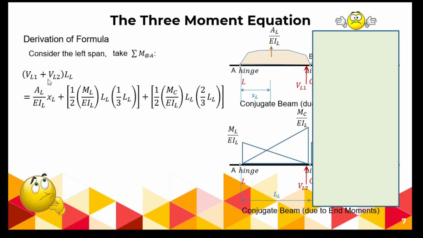The shear values times the length, shear values niya times the length is equal to the sum of all the area times the centroid of our figures here. Tatlo, isa, duha, tatlo. That's why we have this expression.